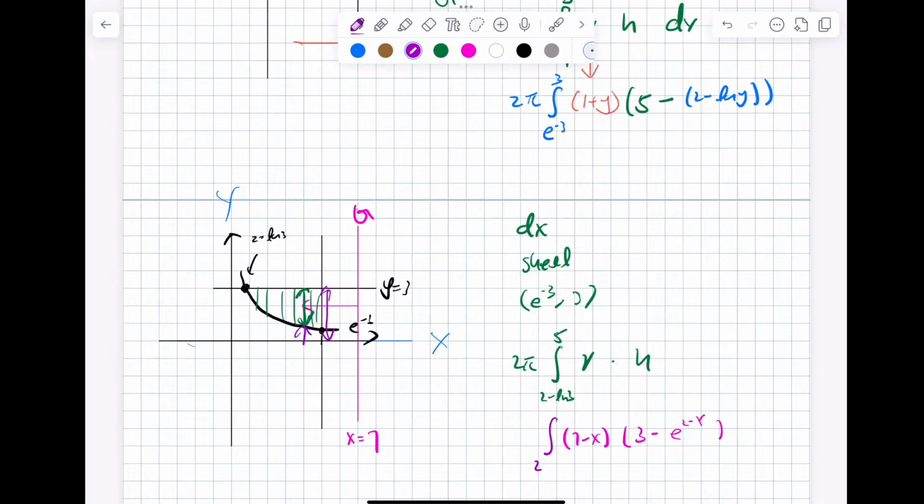So that's going to be the integral from 2 minus ln 3 to 5 of 2 pi dx. It's not hard. You guys have to judge the distance. You're just figuring out the distance from here to here, from here to here. That's the only thing you're trying to figure out. Can you figure out the rest of them?